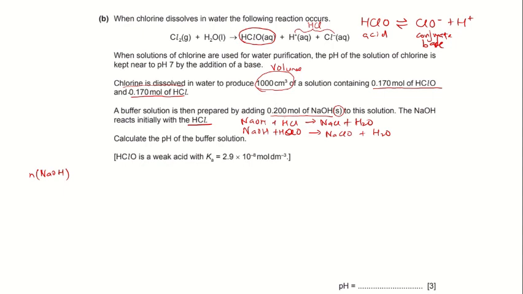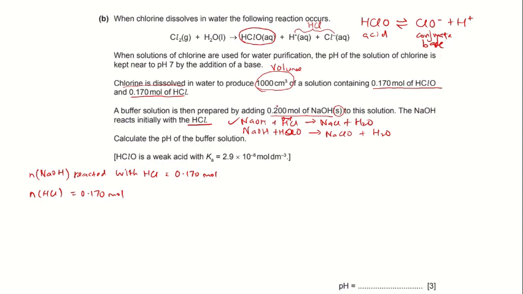Hydrochloric acid is 0.170 mole. Since this equation shows us that 1 mole of sodium hydroxide will react with 1 mole of HCl, the number of mole of NaOH reacted with HCl is 0.170 mole. Because they added 0.2, right? So sodium hydroxide is actually in excess.